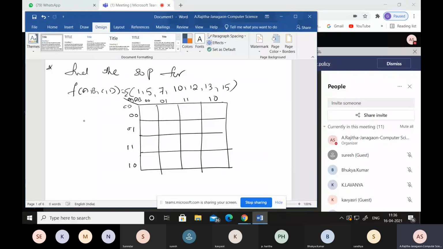Min term 0, min term 1, min term 2, 3, 4, 5, 6, 7, 8, 9, 10, 11, 12, 13, 14, 15. So what are the positions of the cells in your table? The min term positions. In these cells, which cell represents which min term should be known earlier.